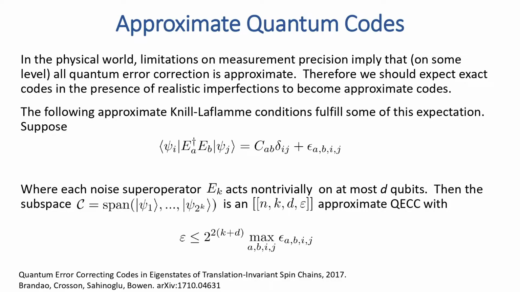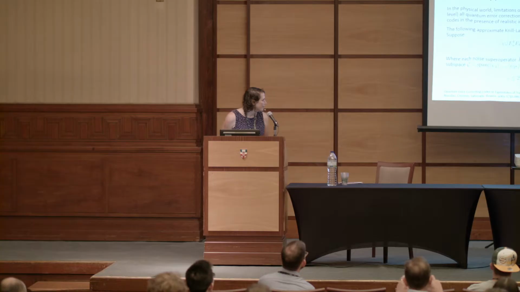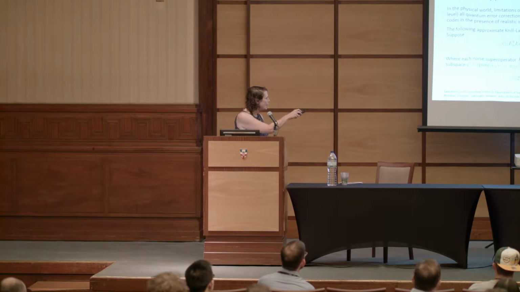The first of these is just included for intuition. It's a result from a few years ago and has been mentioned in some other works. So what if we just take the Knill-Laflamme conditions and we allow that there is some epsilon on the other side? Remember, local indistinguishability gets to the fact that if i equals j, then C_ab does not depend on i or j.